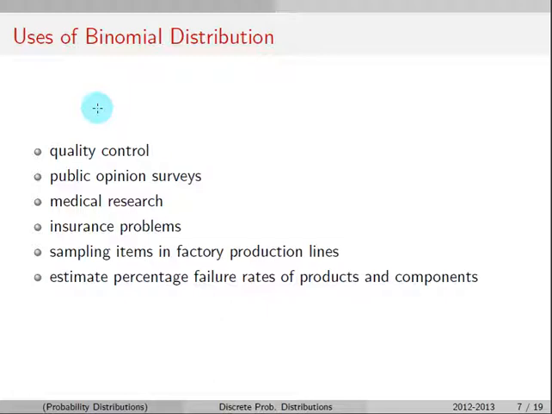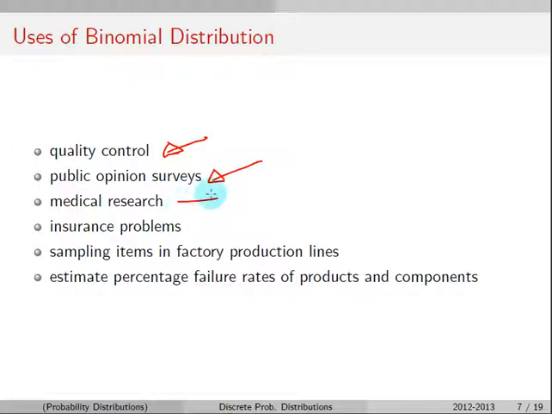Binomial distributions have several uses, and it's a very practical distribution. It's often used in quality control when an inspector is doing quality inspections of a number of products. If they want to find out how many defectives there are in a batch of 100 or 200 products, then a binomial distribution can come in handy to compute these probabilities. Then public opinion surveys, how many people are voting one way or the other.